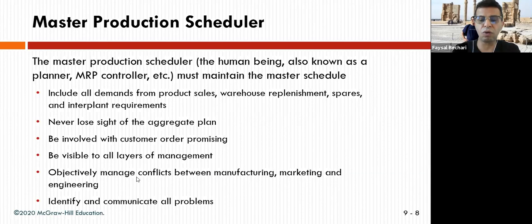There is always some disagreement between marketing, sales, manufacturing, and engineering about when to produce it, what quality to produce it, and whether the salesperson can promise the customers. This makes it easy for the manager to manage these conflicts and to identify and communicate all the problems, so it's clear what the problem is and they can fix it right away.